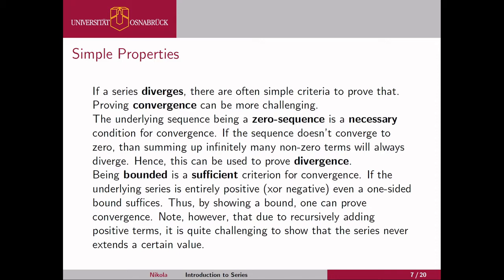And the intuition behind this is quite simple, I guess, because let's say you have a sequence which converges to 5, the number 5. If you make a series out of it, in the limit, every single term gets arbitrarily close to 5. And if you sum up an arbitrary number of 5s, you will always diverge to positive infinity. And this is true for any positive or negative number.